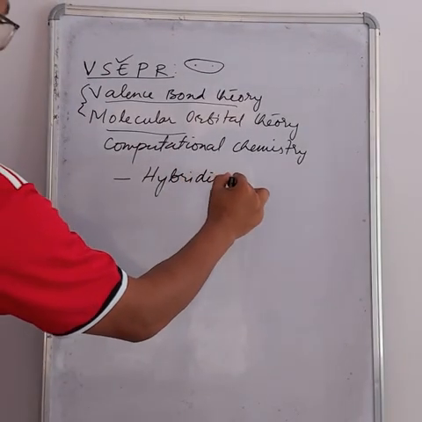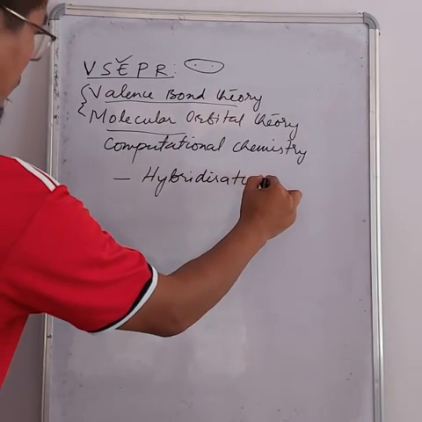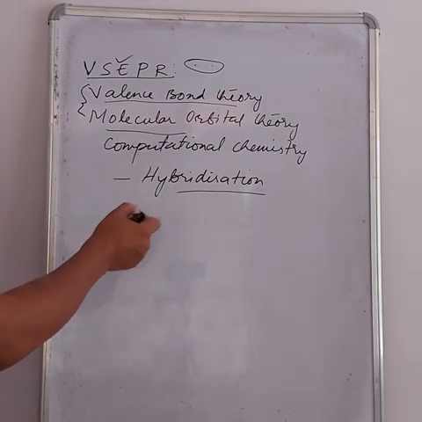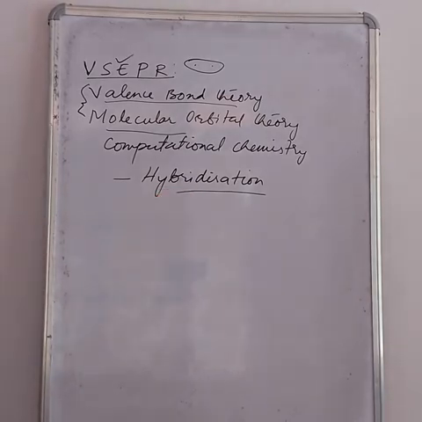Hybridization is a concept. Due to hybridization, the process of formation of bonds varies. We'll talk at length later on about hybridization. So that is the main idea behind valence bond theory.